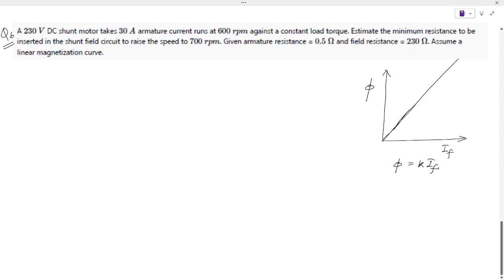Yes or no? Any doubt in this? This is the meaning of linear. But in practice we do not have this system. If you provide a high value of field current, the core will saturate.